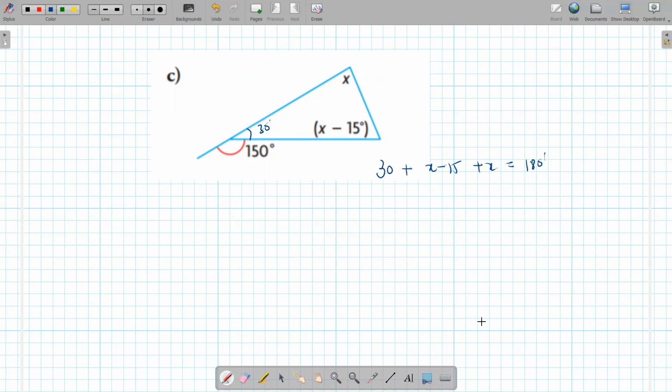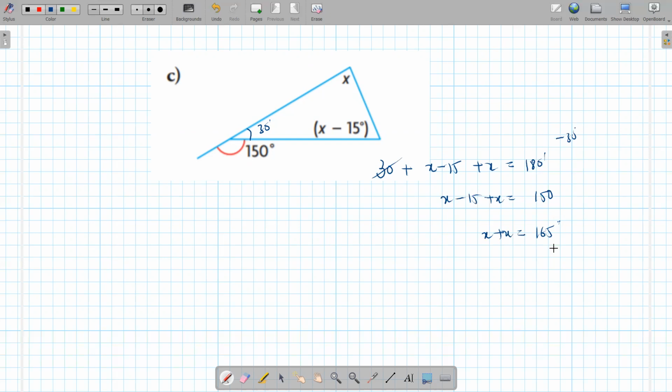You subtract 30? Okay, so you get X minus 15 plus X equals 150. And then? You add 15? Right. So you get X plus X equals 165. What's X plus X? 165?